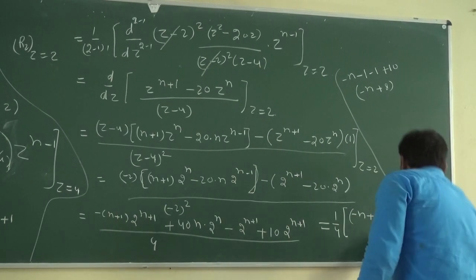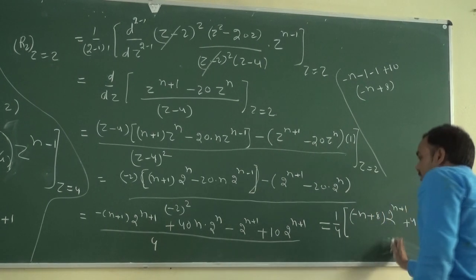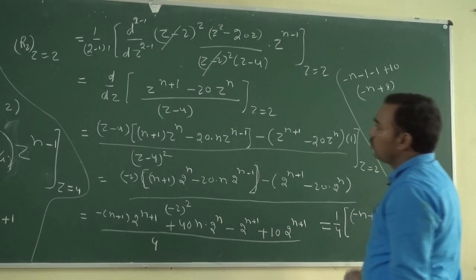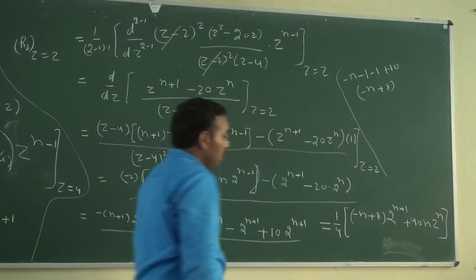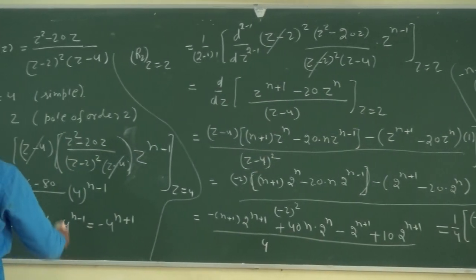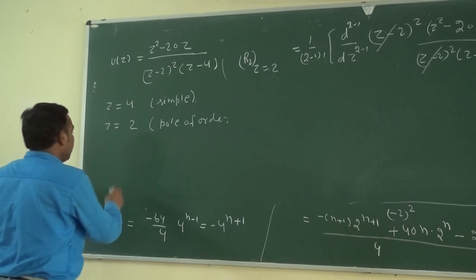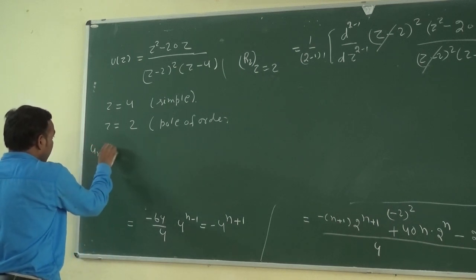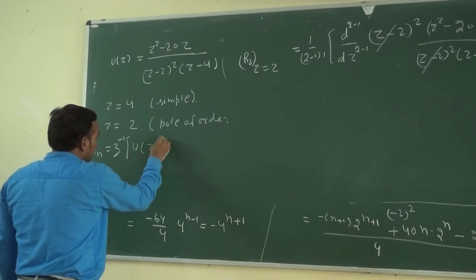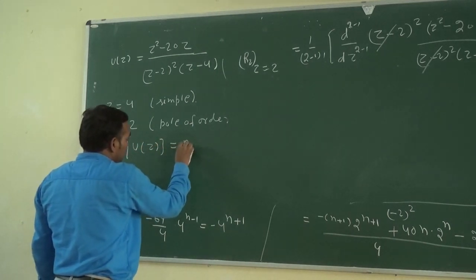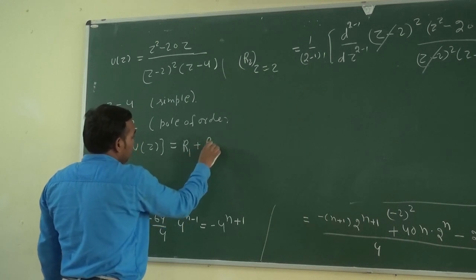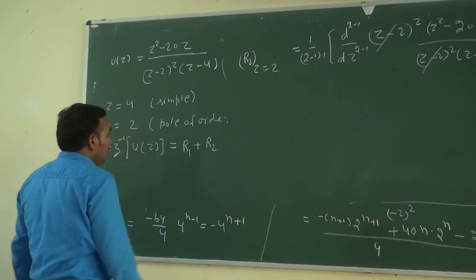This is the residue at z equal to 2. So for finding the final answer, finally we say that u n, that is z inverse of u of z, is equal to the residue at z equal to 4, that is R1, and the residue at z equal to 2, that is R2.